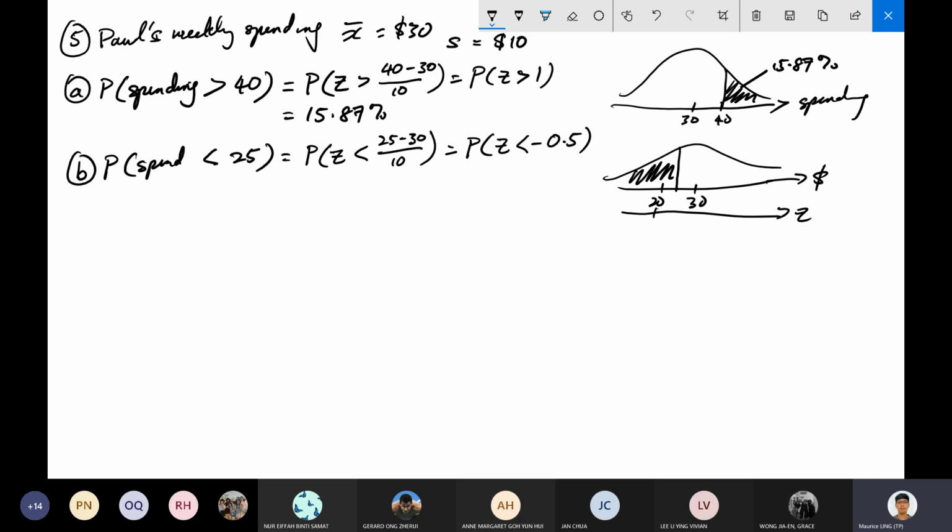Okay, so this is a spending axis, and in the z-axis this is 0, this is minus 1. So here is 0.5, minus 0.5. Since the table only has positive values, you can take 0.5. So basically, this is the area on the opposite side, so it's equivalent to more than 0.5.